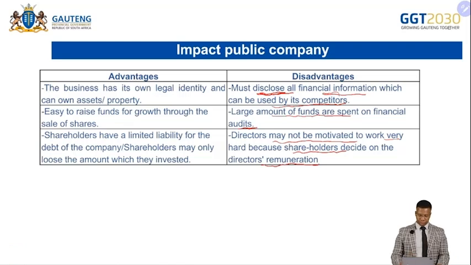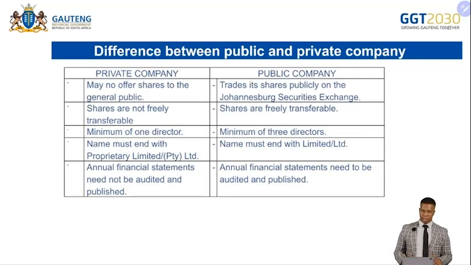So now that becomes a disadvantage, that directors may not be motivated to work hard because the shareholders decide on the directors' remuneration, meaning salaries and wages are decided by the shareholders. So that might discourage the directors of a public company.